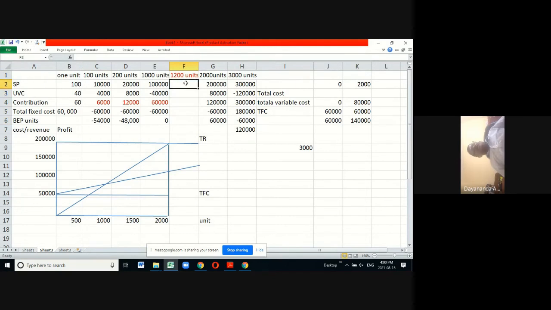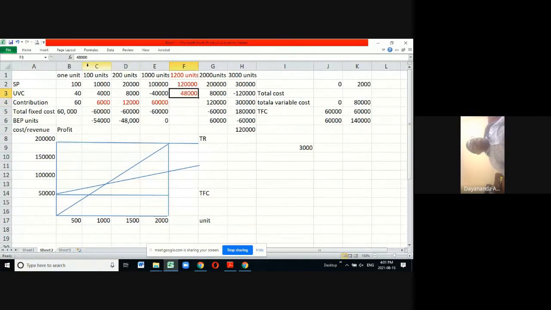These are budgeted figures. So the selling price, if it is 100, here it comes to 1,20,000. Right? Then the variable cost, 1,200 at 40 each, that is 48,000. Is it clear? 48,000, right?